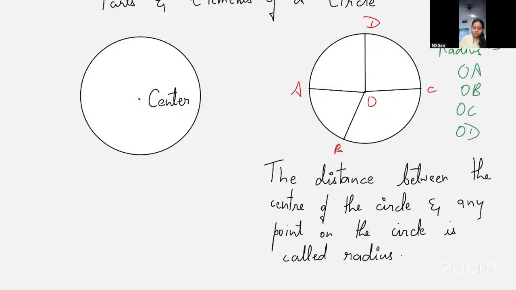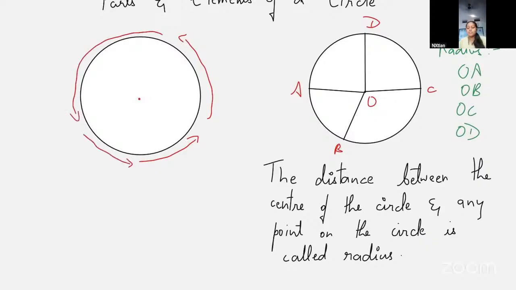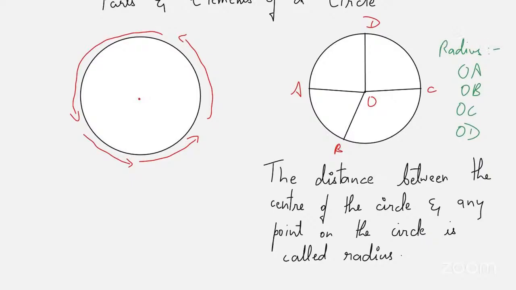Now we will talk about the boundary of a circle. You can see this boundary. This boundary is called circumference. This boundary is known as circumference.